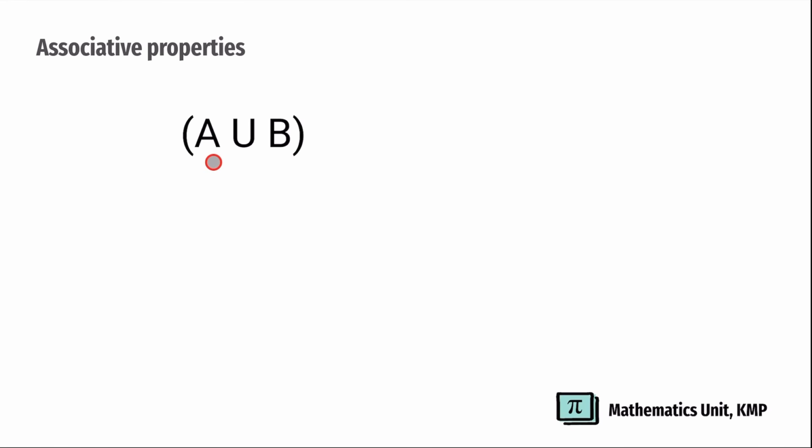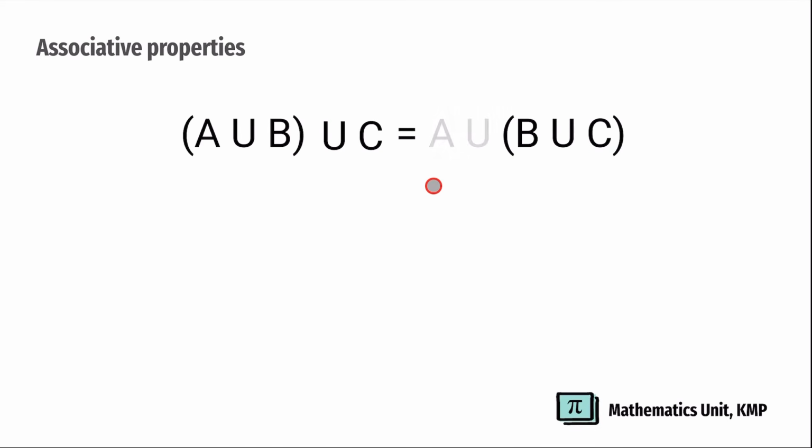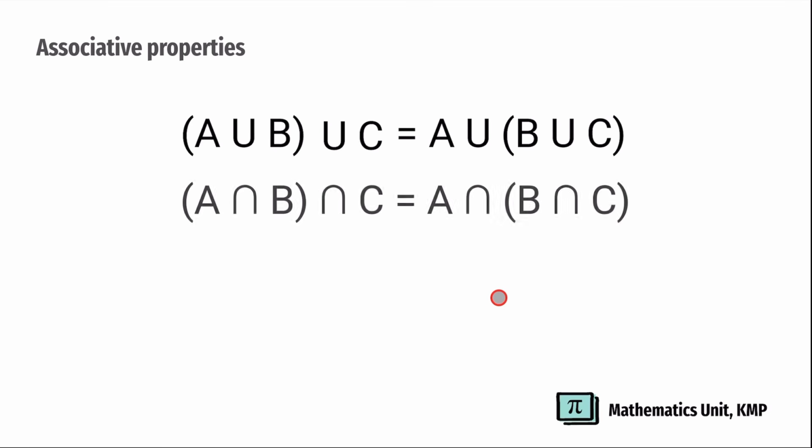We can do the operation A union B, then later we'll union with C. It's the same as if we do the operation B union with C, then later we'll do the operation A union with B union C. And it is the same as if we have the operation of intersection.